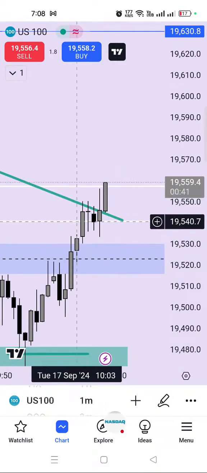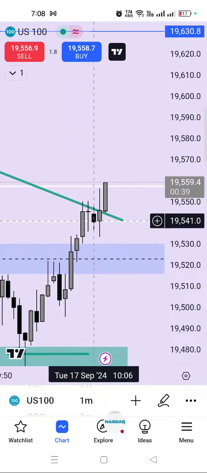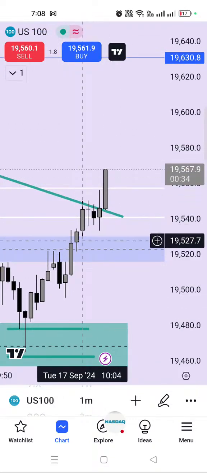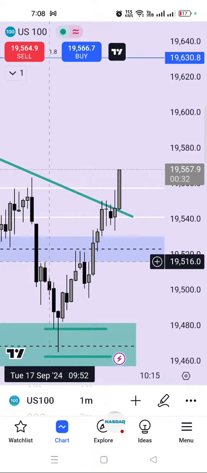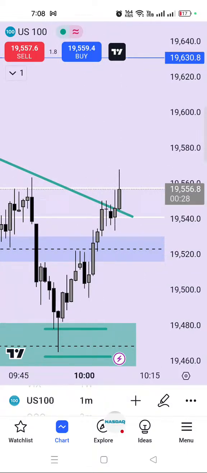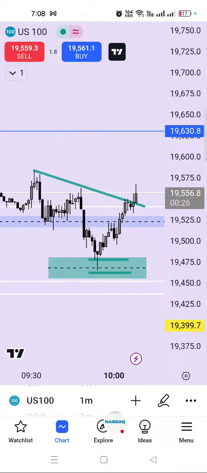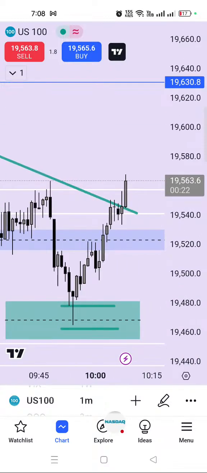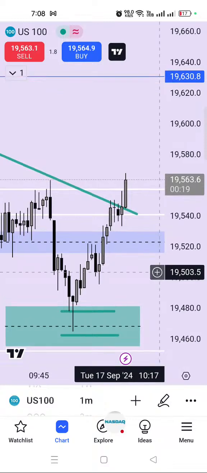This is our buying zone, and look at this. I would have been riding all of this trend, bro. First, I would have closed this trade here, and on the retest I would have bought here, but like, forget it, bro. Shit happens. Am I going to chase it? No, no way.